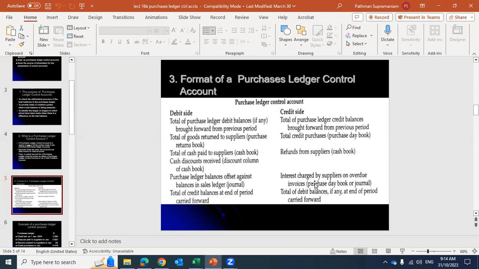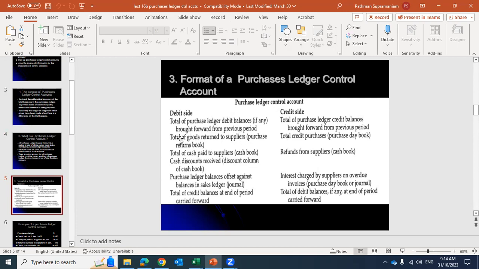Sometimes the business pays its suppliers late, so the suppliers charge the business interest, which means we owe the suppliers more. The double entry for that is to debit interest expense and credit the trade payable.